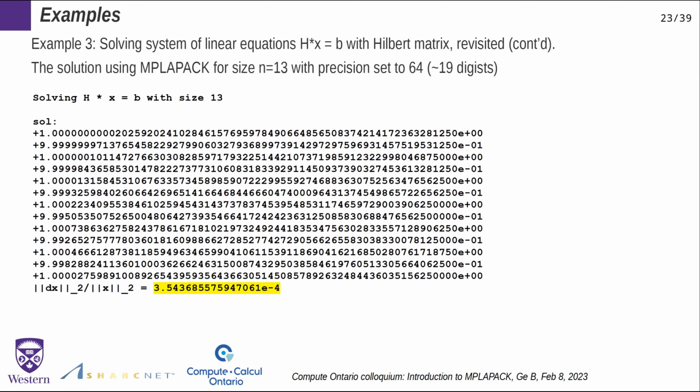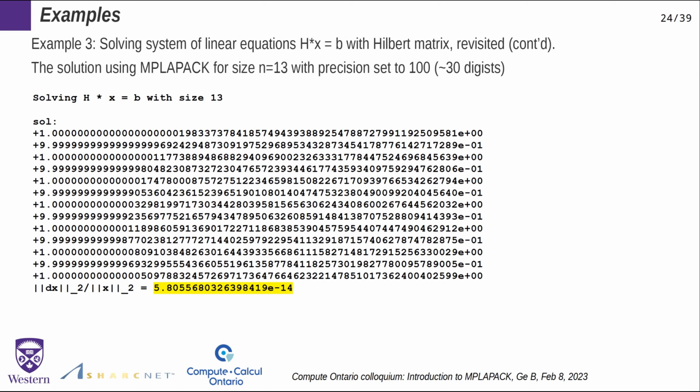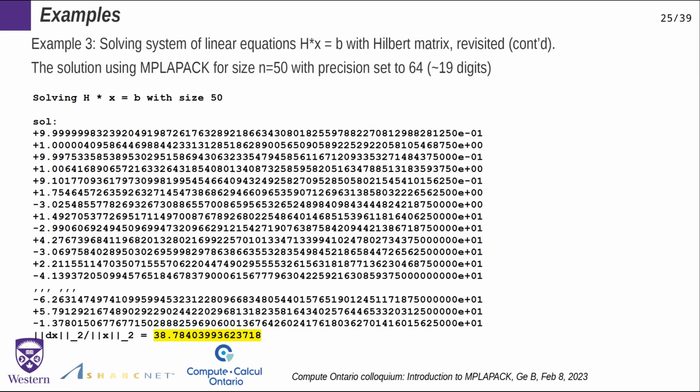So next, we increased precision to 64 bits, or equivalent to 19 decimal digits. This time, we're able to bring the relative error down to a satisfactory level. This is pretty good. And then next, we increase precision to 100 bits, or roughly 30 decimal digits, and the relative error is unnecessarily small. So we can just stop there.